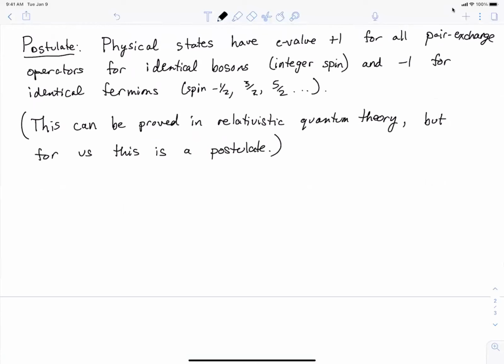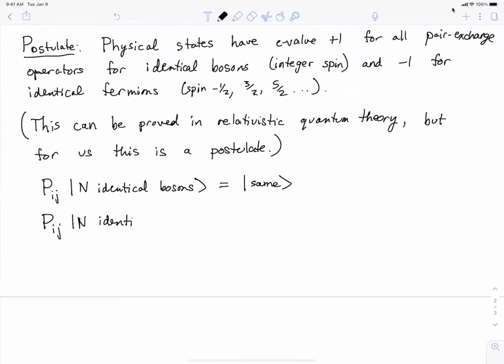And so what we're saying here is that Pij acting on any state with n identical bosons has to give you back exactly the same thing. And Pij acting on n identical fermions has to do the same thing with a minus sign.